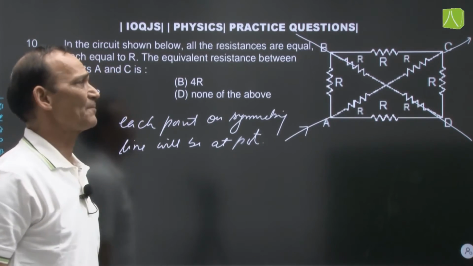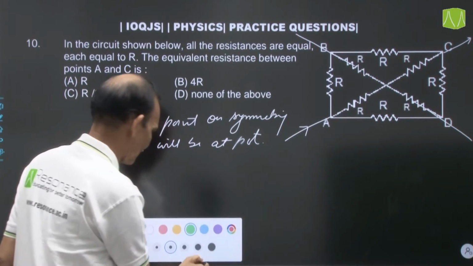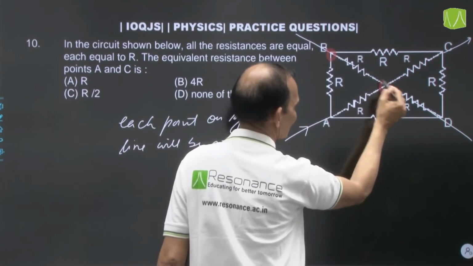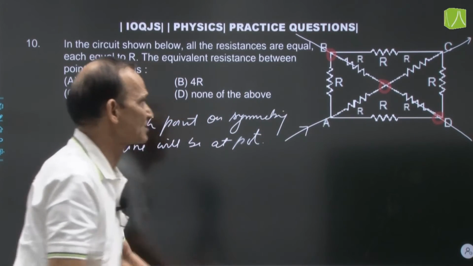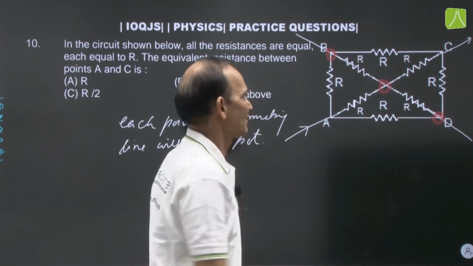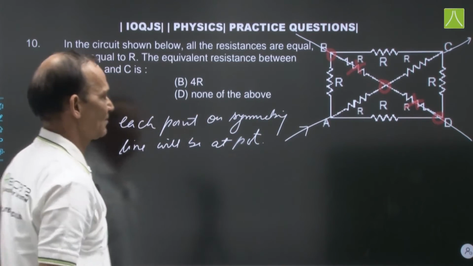Points E, this one and this one will be at same potential. It means no current will flow from B to D. It means we can remove it, remove कर सकते हैं.